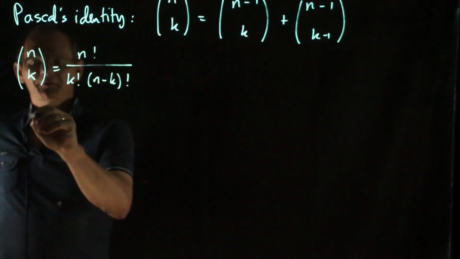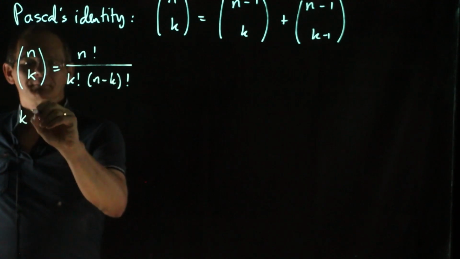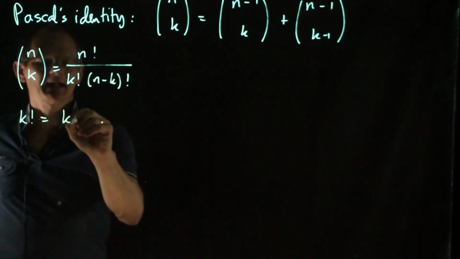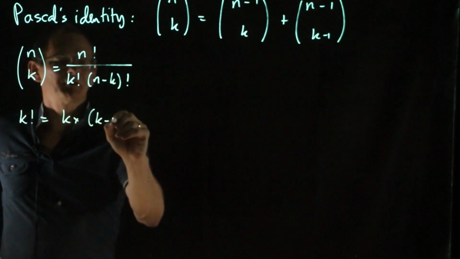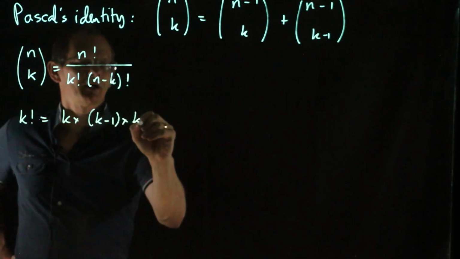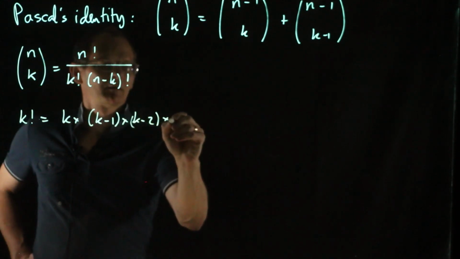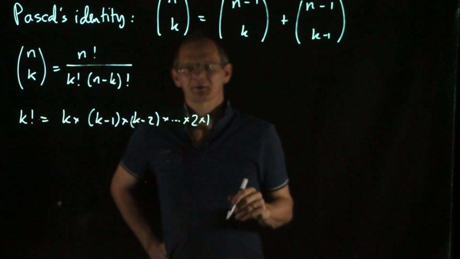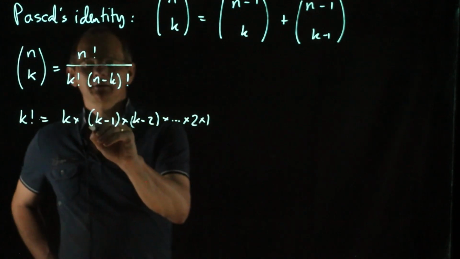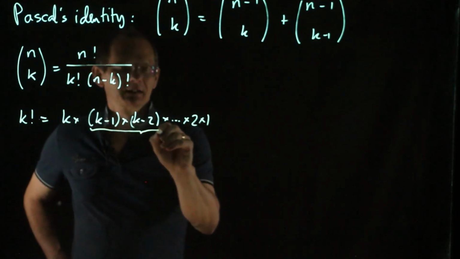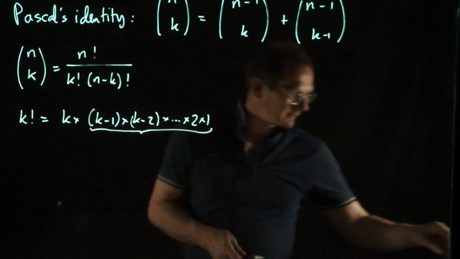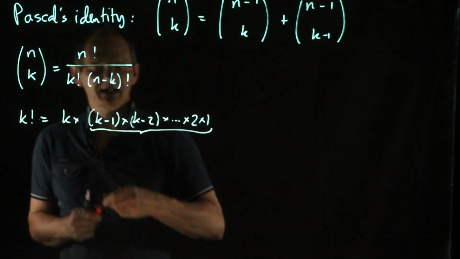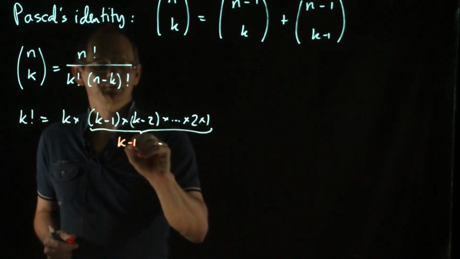Okay, so let's remember about k factorial. k factorial means k times k minus 1 times k minus 2, all the numbers down to 1. And we want to notice that if we look at all these terms here, this is the same as k minus 1 factorial.